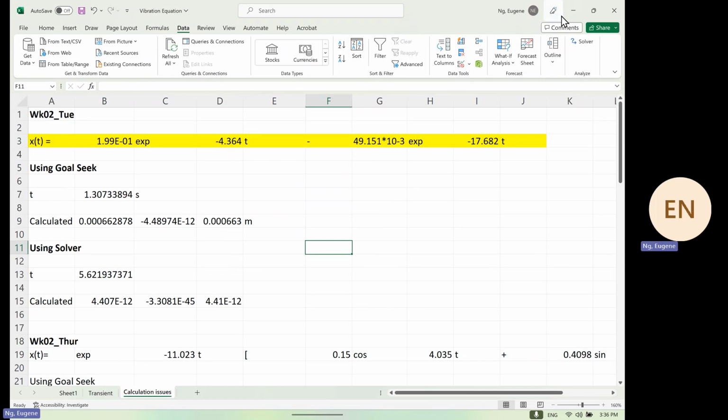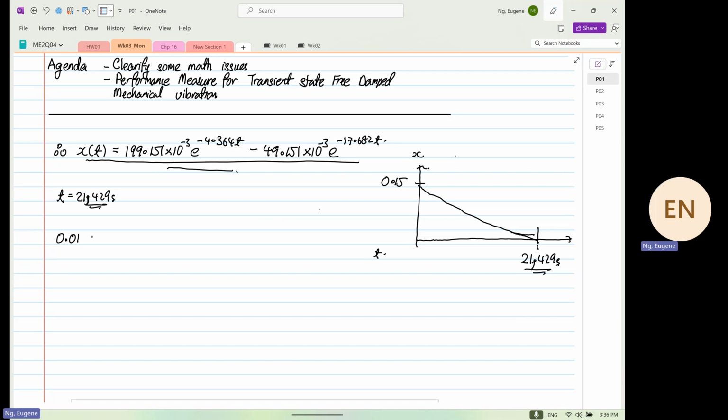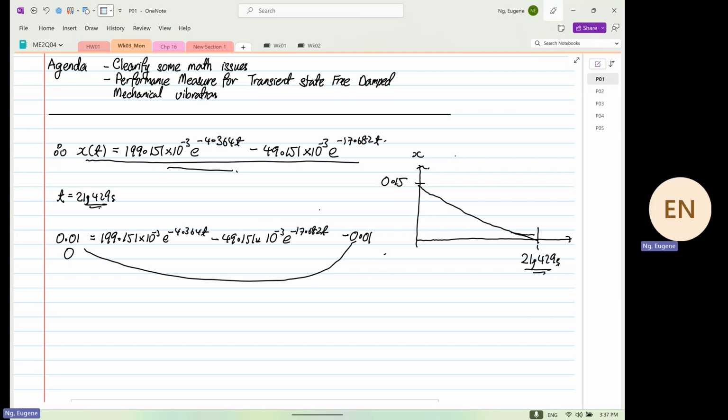So what I want you to do next is put that same equation, but set this to 0.01 equal to 199.151 times 10 to the power of minus 3 times e to the minus 4.364 T. I want you to bring the left-hand side to be equal to 0, and on the right-hand side, introduce a term minus 0.01. And I will teach in the lecture later on today why that's the case.